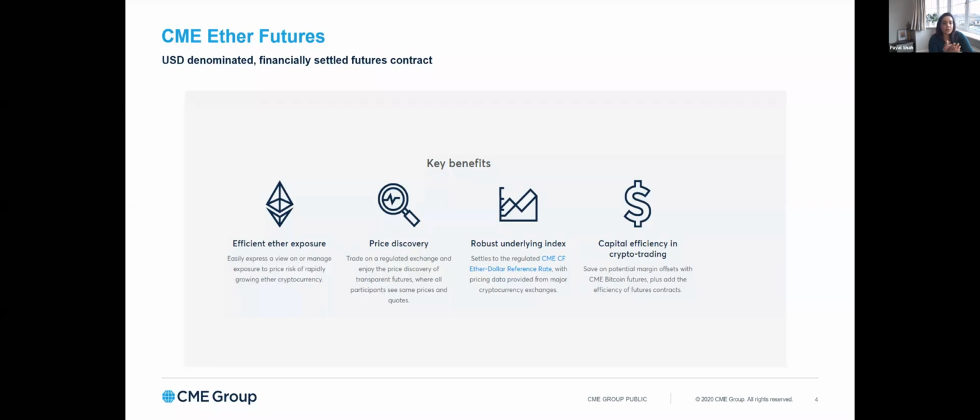Thirdly, one of the central tenets is a contract with a robust underlying index. So we launched the futures contract in 2021, but together with our partners CF Benchmarks, we actually launched the Ether dollar reference rate back in May 2017.